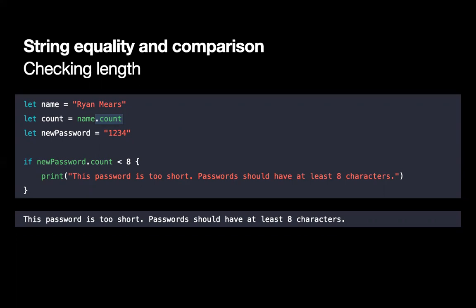Here we are checking whether newPassword dot count is lesser than 8, that is, whether your new password has fewer than 8 characters. If it is lesser than 8, then it should print that the password is too short and should have at least 8 characters. Currently it has only 4 characters, so it will print that the password is too short, password should have at least 8 characters.